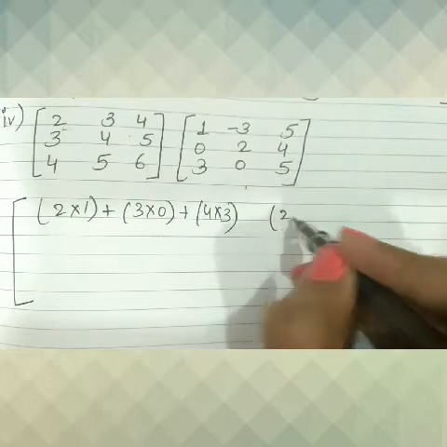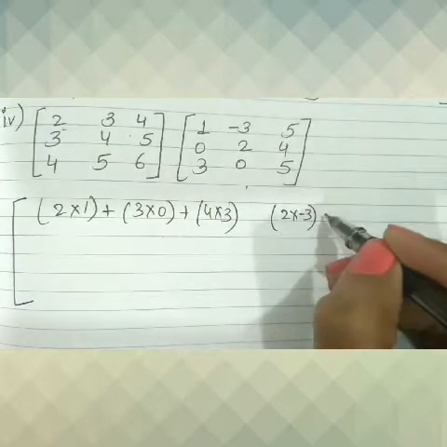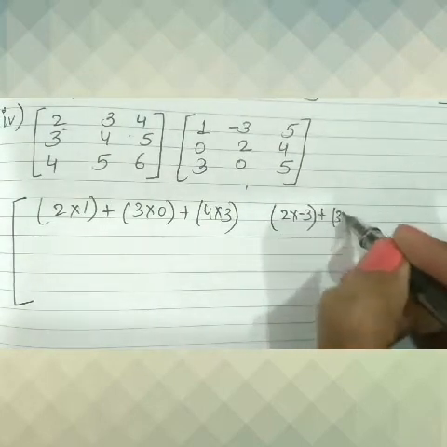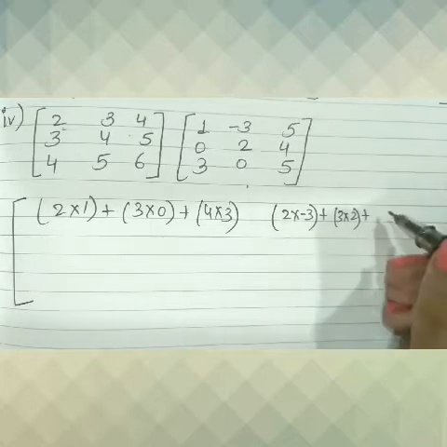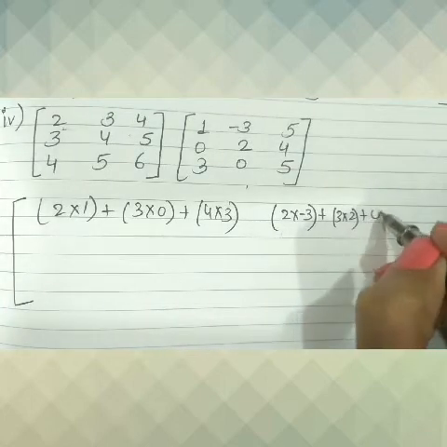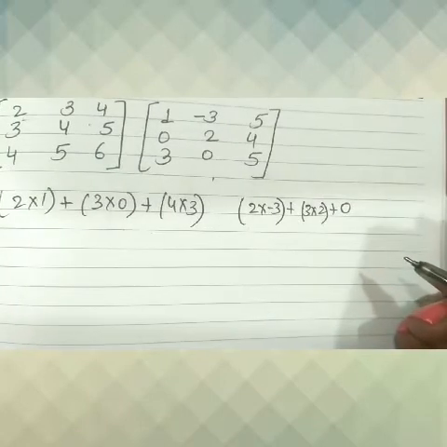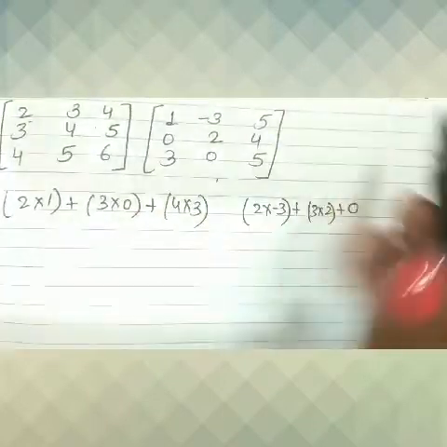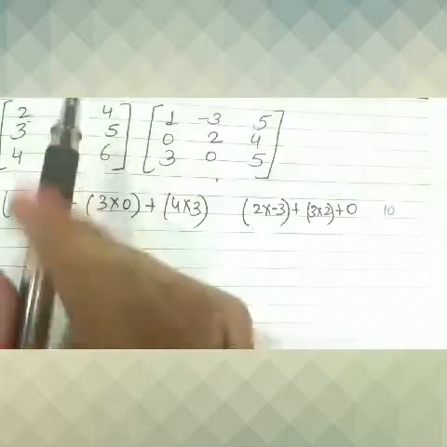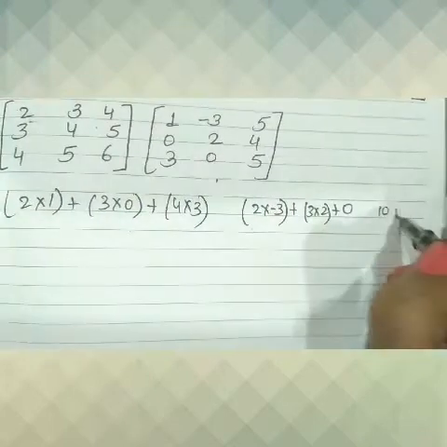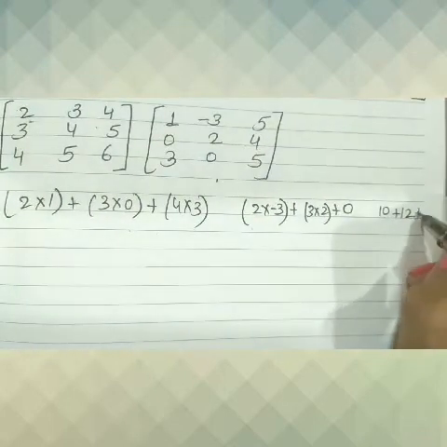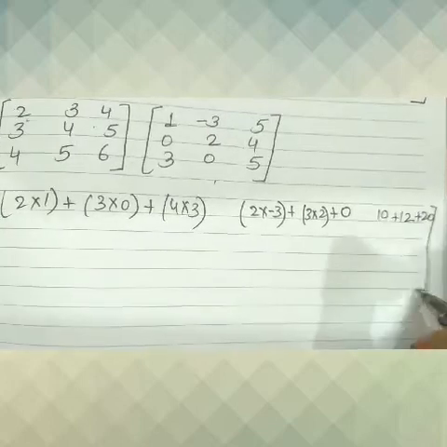It will be 2 into minus 3 plus 3 into 2. Then 4 into 0 will be 0. Then again first row by third column. 2 5s are 10, 3 4s are 12, 4 5s are 20.